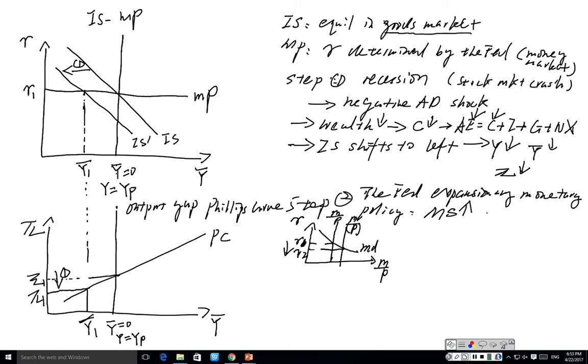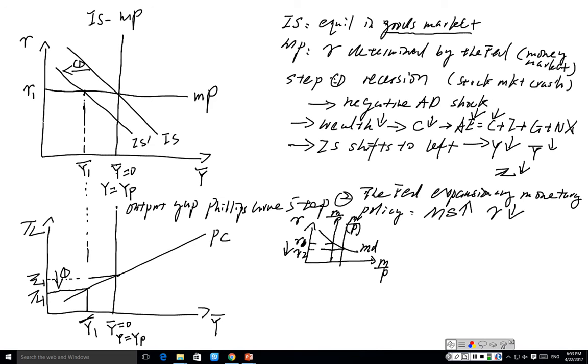So when the Federal Reserve uses expansionary monetary policy, it involves increasing the money supply, or at the same time cutting down the real interest rate. So when the real interest rate goes down, let's go back to the IS-MP model. In order to help the economy go back to the initial output level, or output gap equals 0, the Federal Reserve cuts the interest rate.